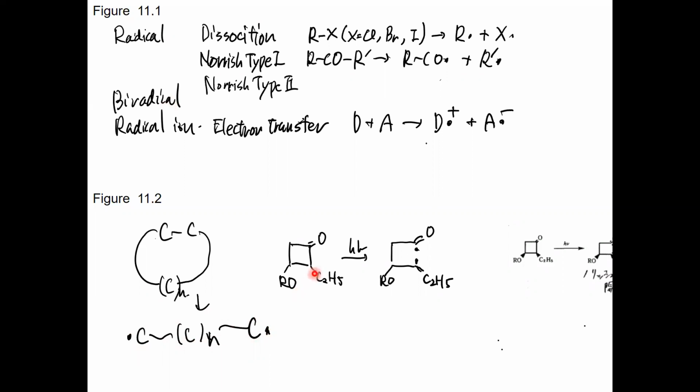As you can see in this figure, this is a Norrish type 1 reaction, meaning the alpha carbon can be cut off here, and then you see the biradical species.